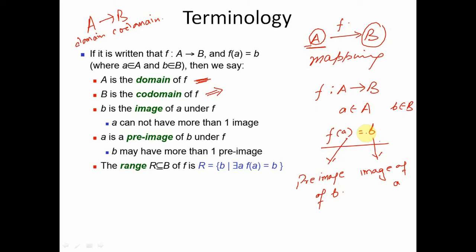And the set of all the images is called the range. So we have the domain, we have the codomain, and we have the range. So what is the range over here? The range is the set of all the images.